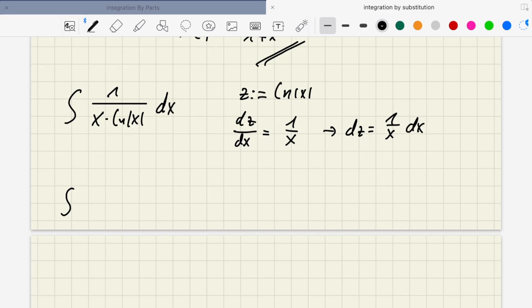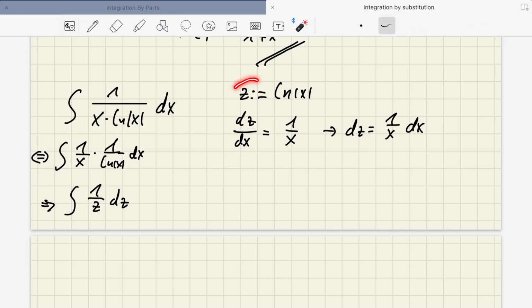Now we can write this, or maybe let's say, dz is equal to 1 over x dx, the same. So after substitution, we have the integral of 1 over z dz.